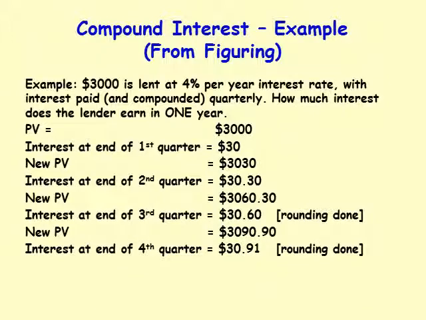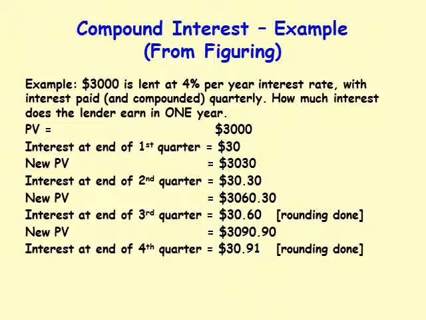Interest at the end of the fourth quarter is 1% of that principal value going into the fourth quarter, which will be $30.909, and again we rounded up, 9/10 of a cent becoming 1 cent, so that's $30.91.